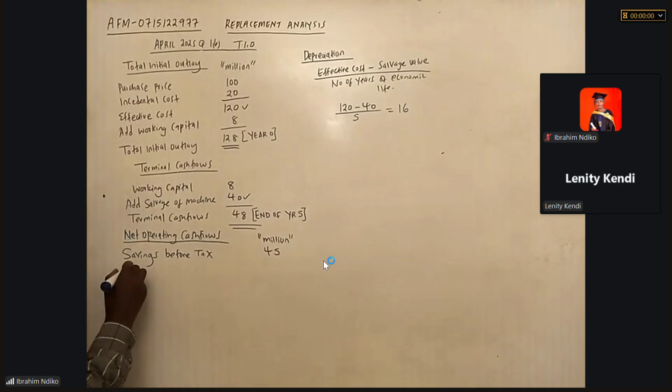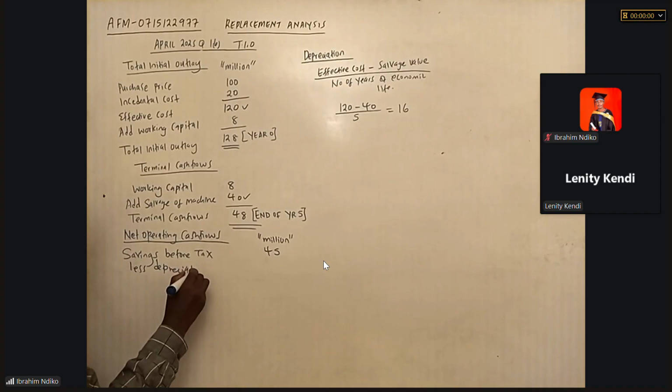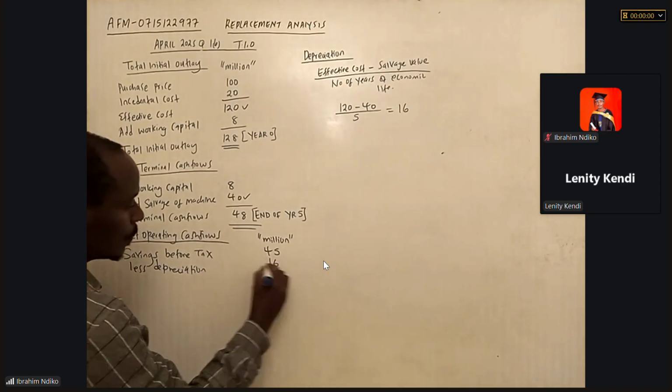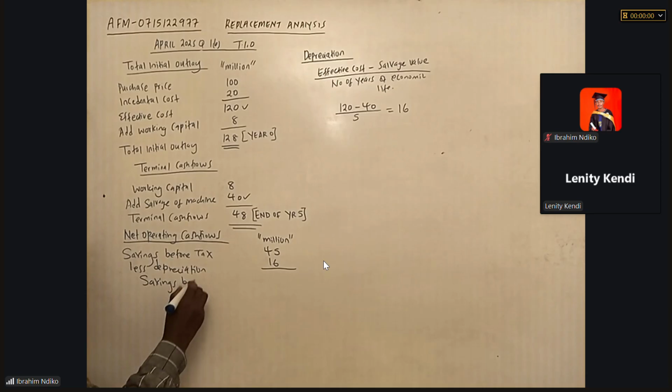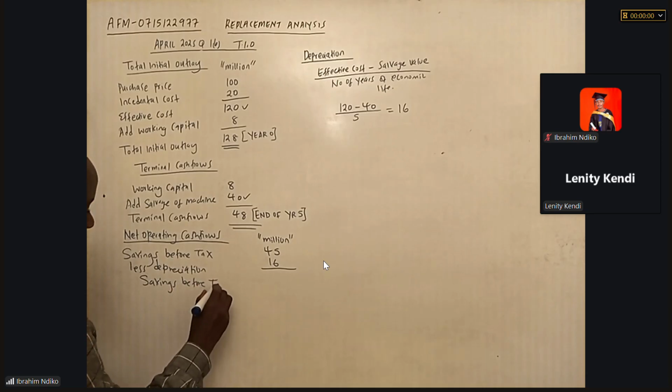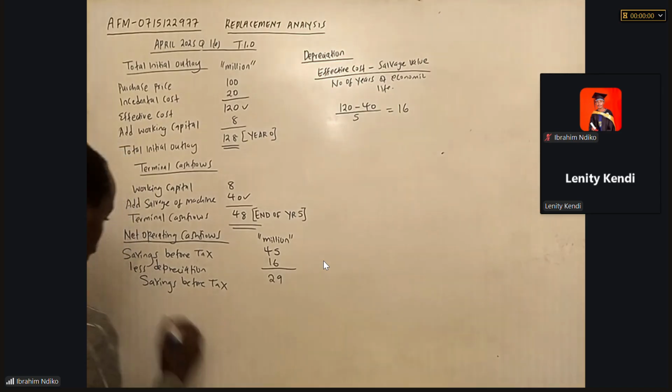So we less depreciation of 16. Then we shall get savings after depreciation, before tax also. So 45 minus 16, 29. We less tax.